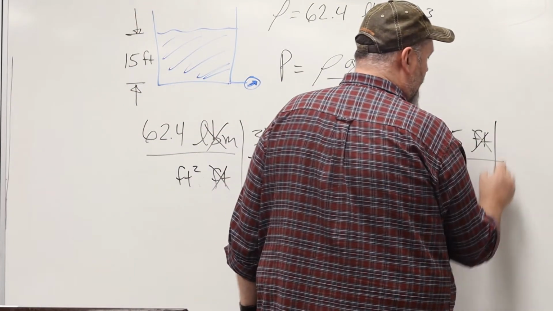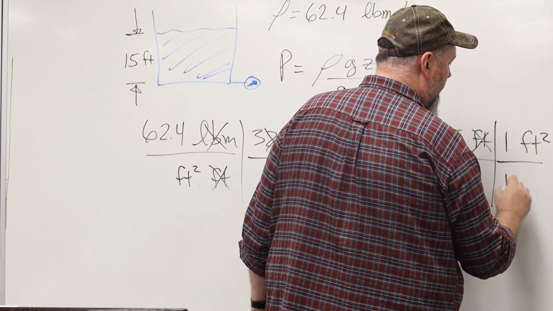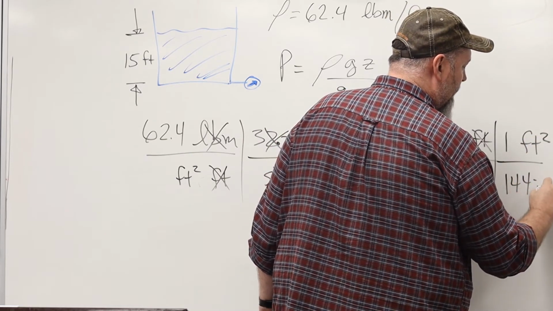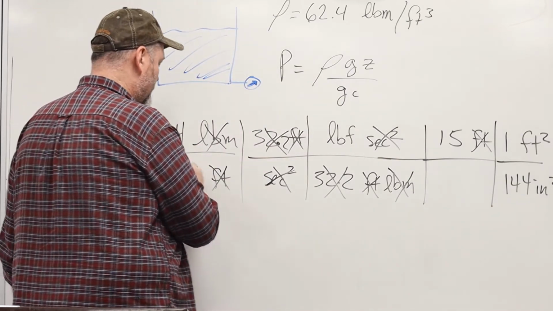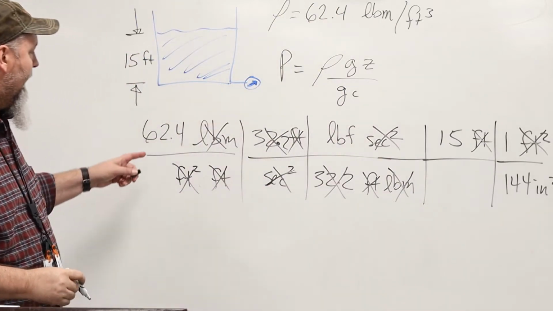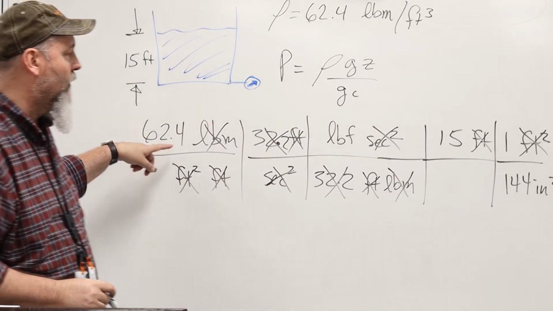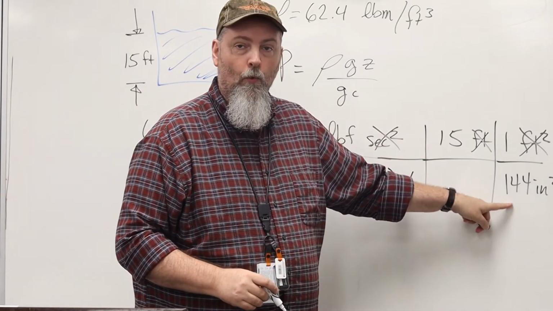So our other conversion is 1 square foot is 144 square inches. Now my feet cancel out, and I'm left with 62.4 times 15 divided by 144.